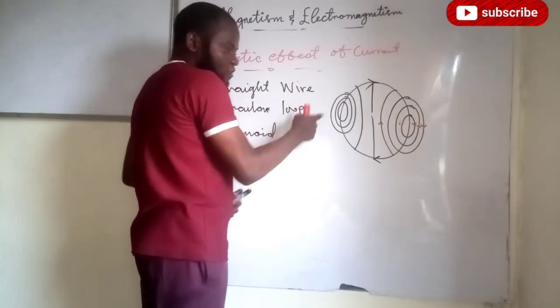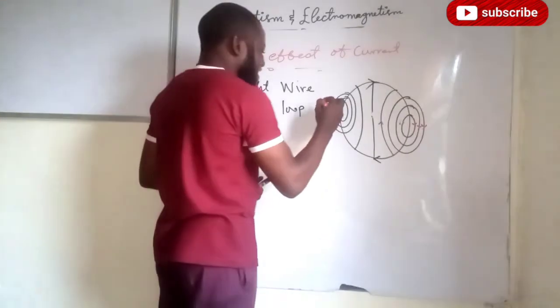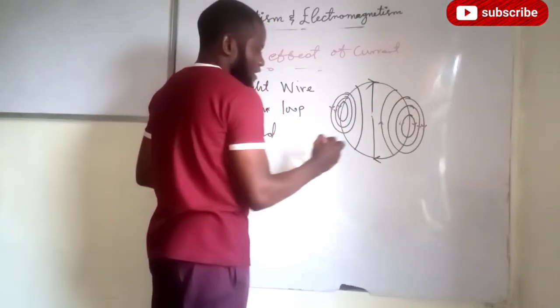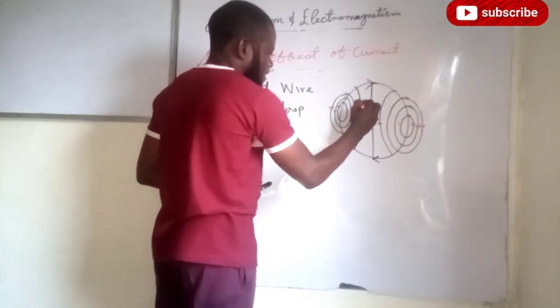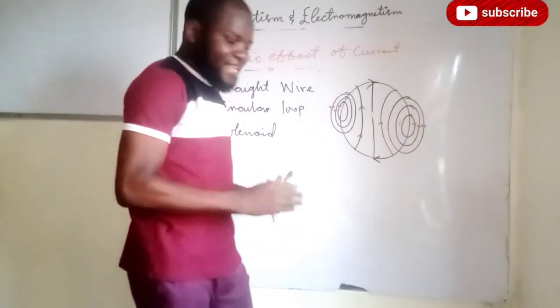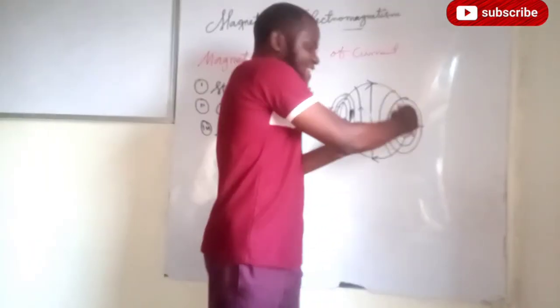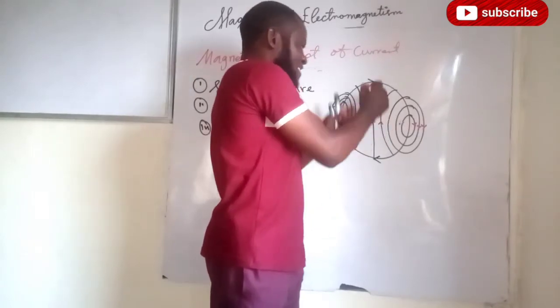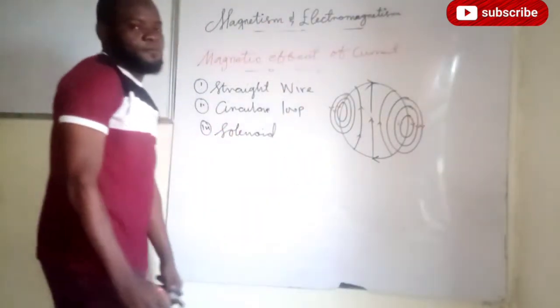Then the direction of this field is going to be counterclockwise. Are we together now? So it will be counterclockwise, like this. Remember that as this loop gets increased, they are approaching a straight line at the center. So we have this now.